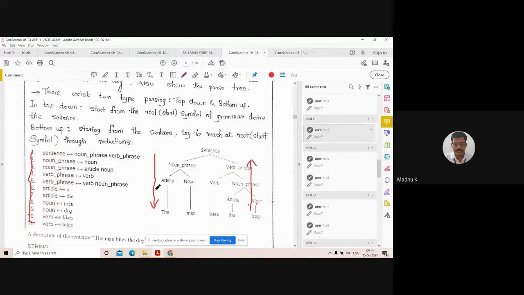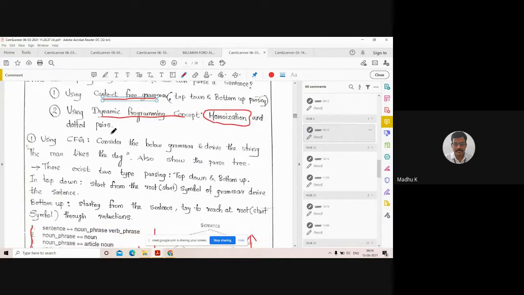This was already studied in compiler design and TOC also. A grammar is given, you want to derive a string and represent it in the form of a tree. So we should study this concept well. The first concept is using context-free grammar: top down and bottom up parsers.